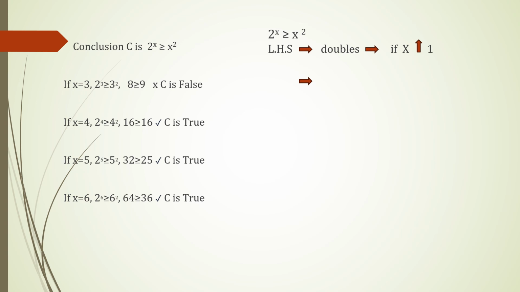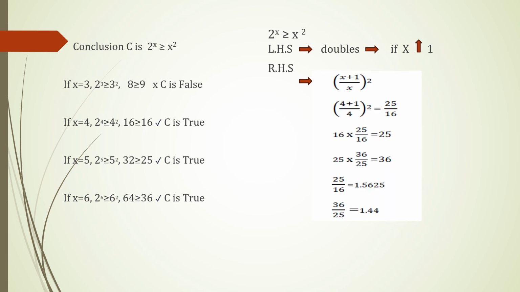What happens to the right-hand side? On the right-hand side, you have 9, 16, 25, 36. So the right-hand side grows by the factor (x plus 1 by x) the whole square. This is the growth of the right-hand side.